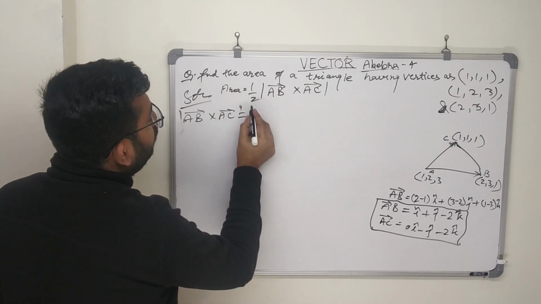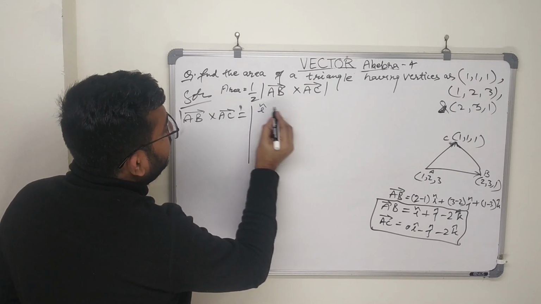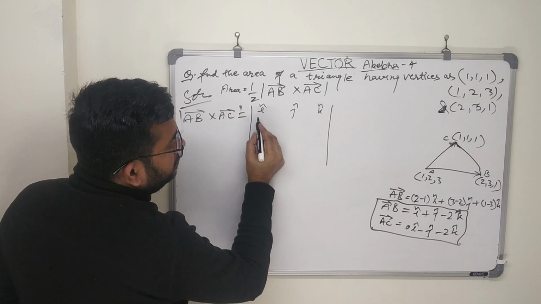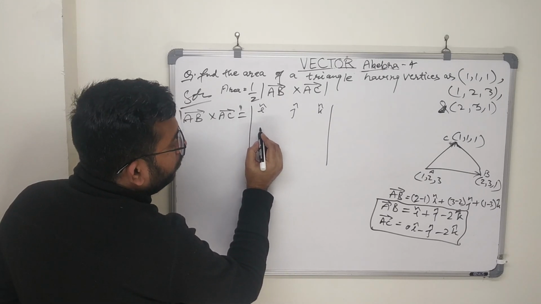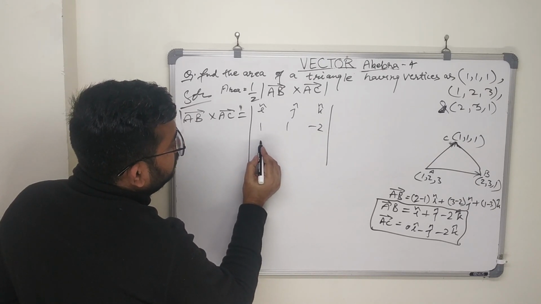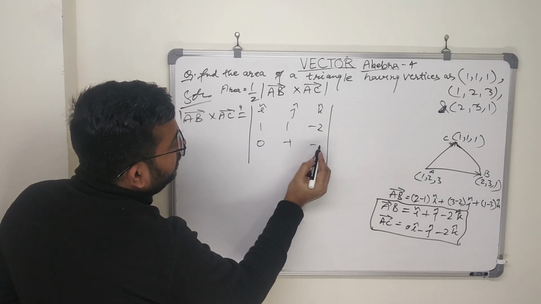So this will be equal to the determinant of i cap, j cap and k cap, and putting the scalar components now 1, 1 and minus 2, and here 0, minus 1 and minus 2.